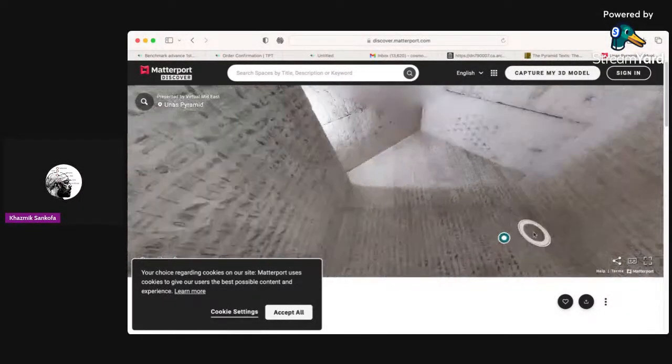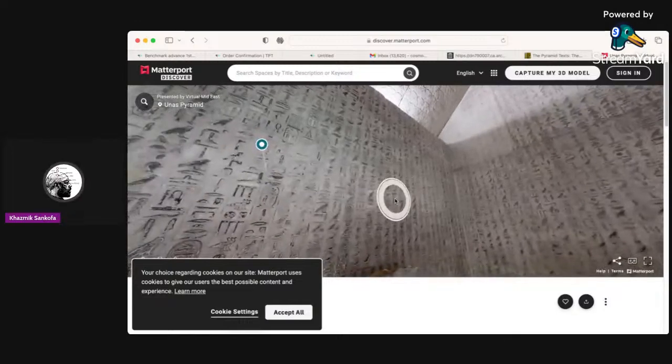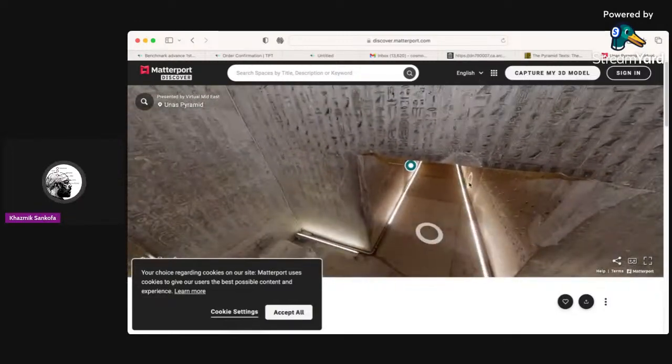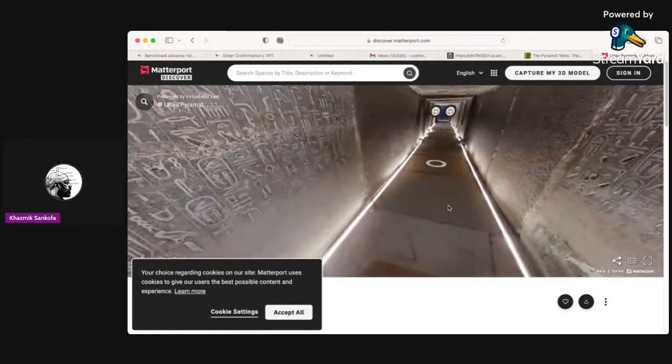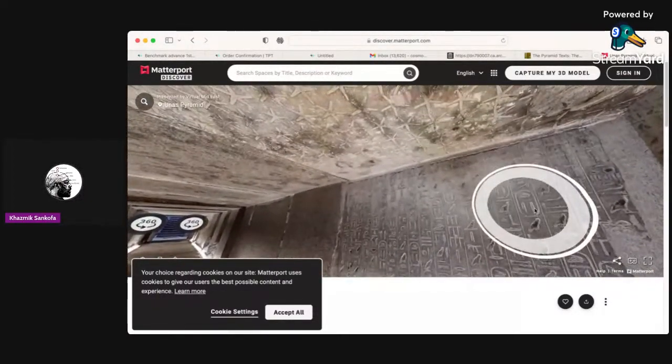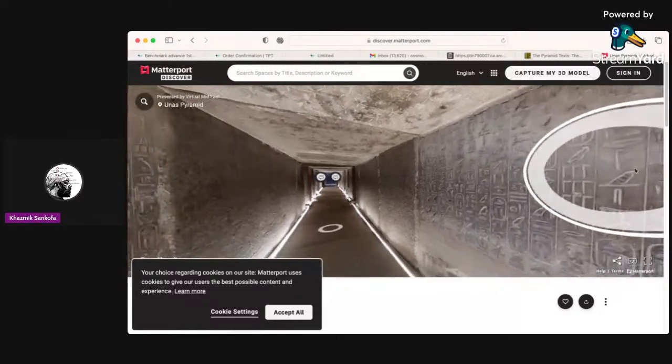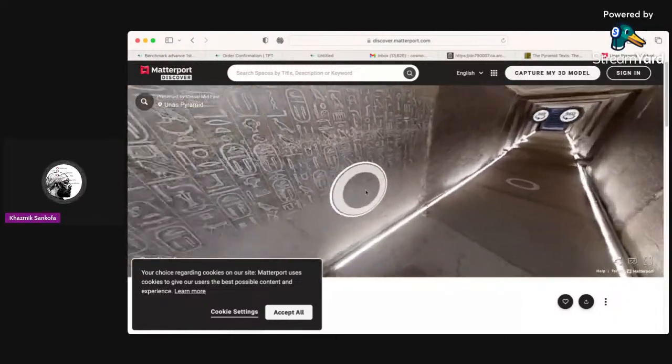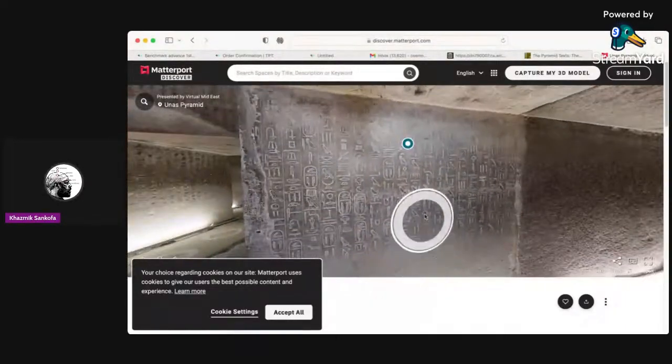When it says the entrance contains protective spells, they're talking about this space here. All of this is protective spells. Everything on the wall here is a protective spell, in order to help guide you and get you ready for the afterlife.